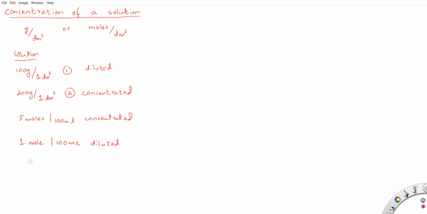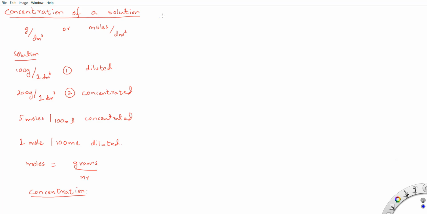We already know that moles can be calculated by grams of any substance divided by its relative atomic, molecular, or formula mass. So concentration can also be calculated in terms of grams, such as I mentioned, grams per liter. So I can generate a formula. It would be something like this.